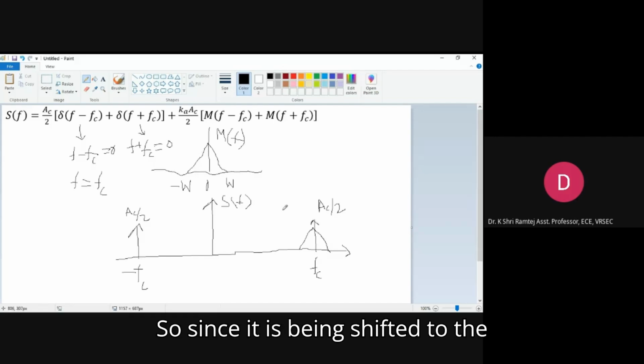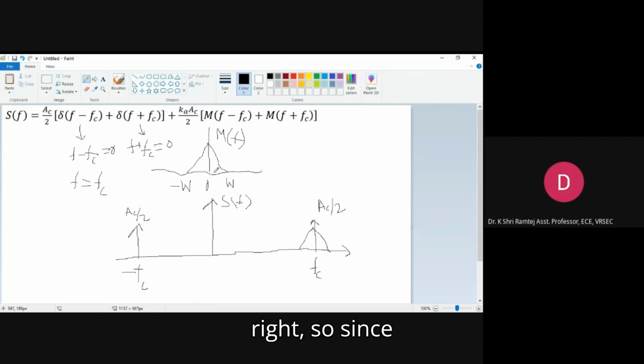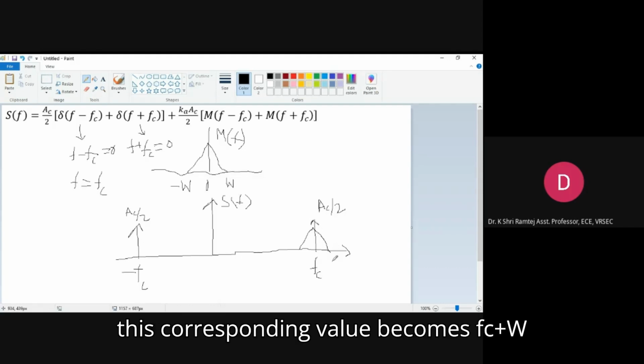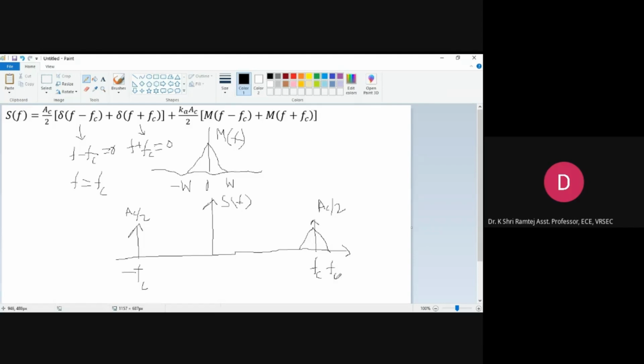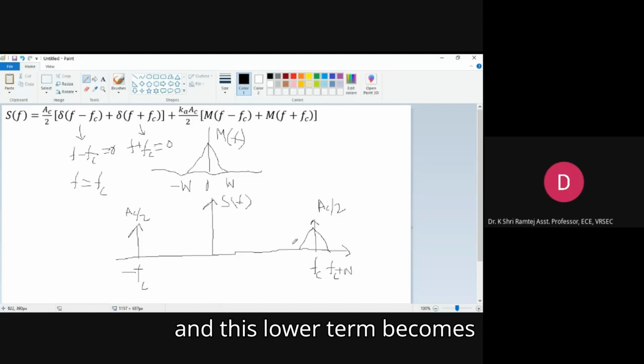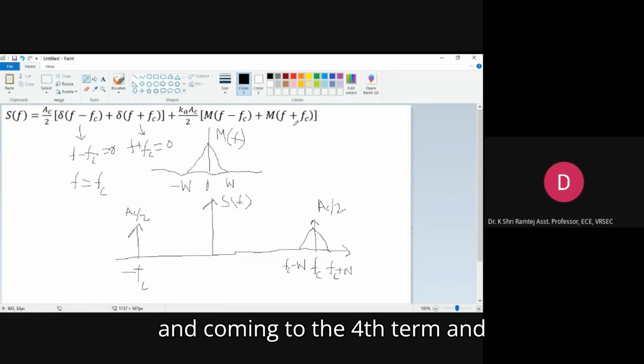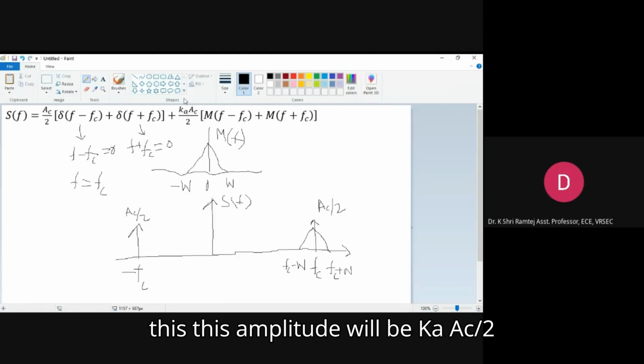Since the maximum value is W, the upper value becomes fc plus W, and the lower value becomes fc minus W. And this amplitude will be Ka Ac by 2.